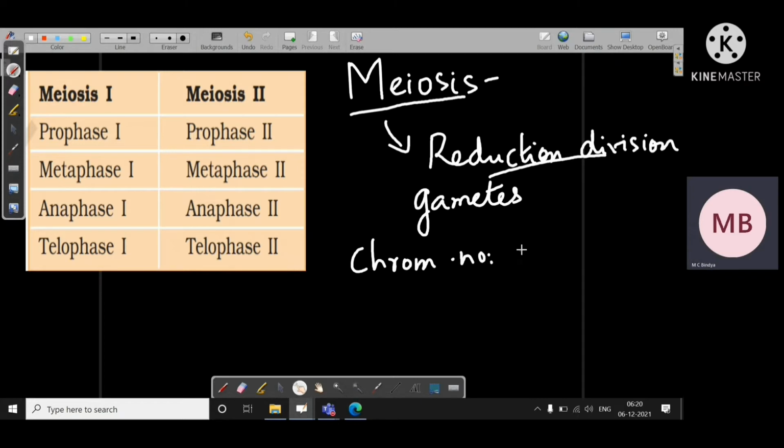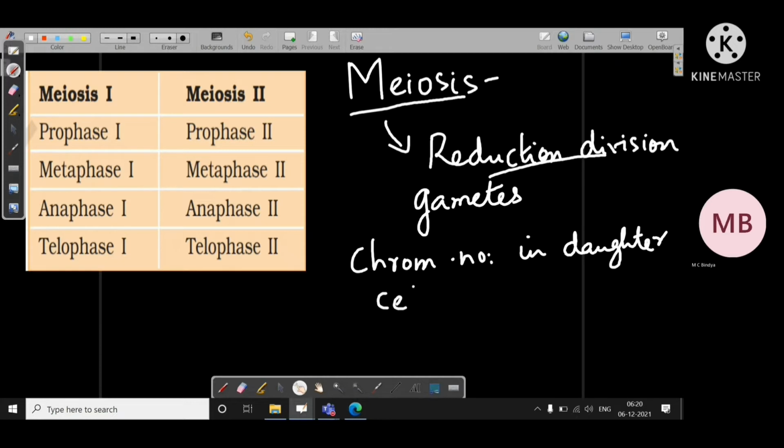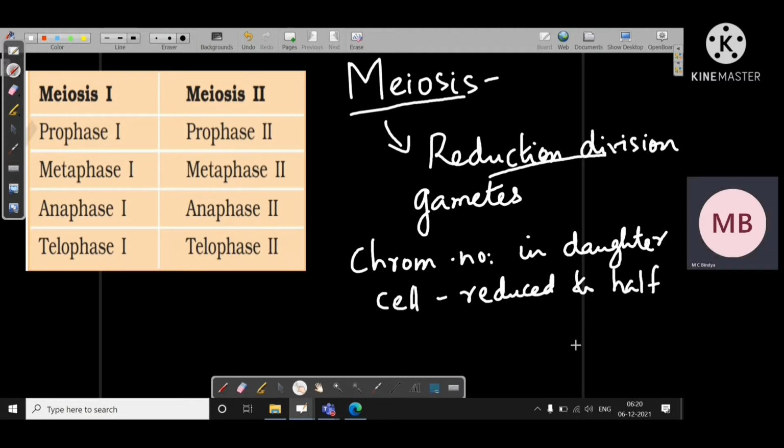Chromosome number in the daughter cells is reduced to half of what is found inside the parent cell. So that's why they are called reduction division, and they are used to make gametes like sperms or egg.